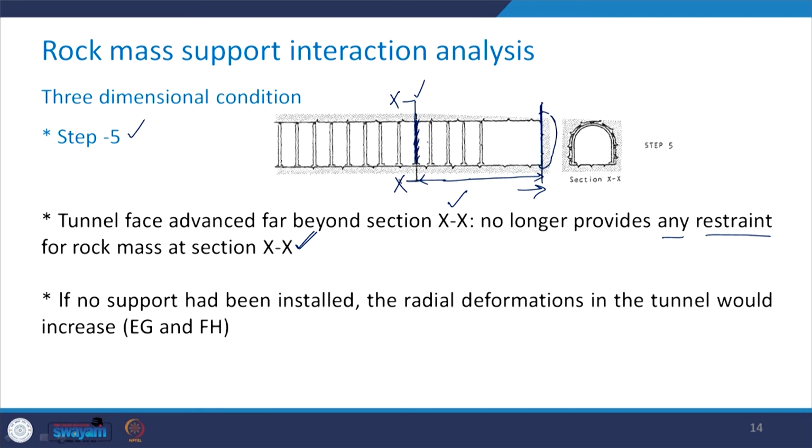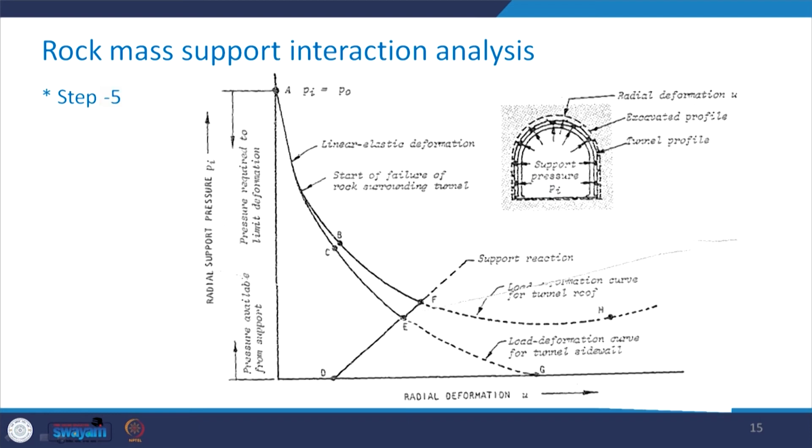It will increase, and that will result in these lines EG and FH. See here, if the support system is not installed, it will further increase in this particular manner. This is for the side wall and this one is for the roof, like this.